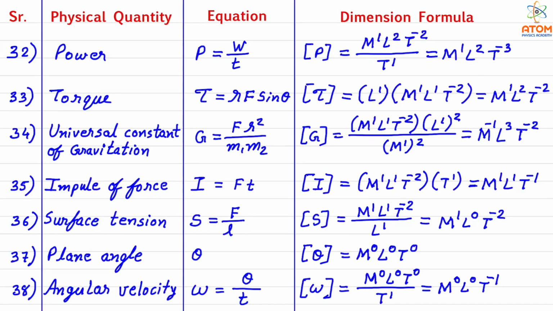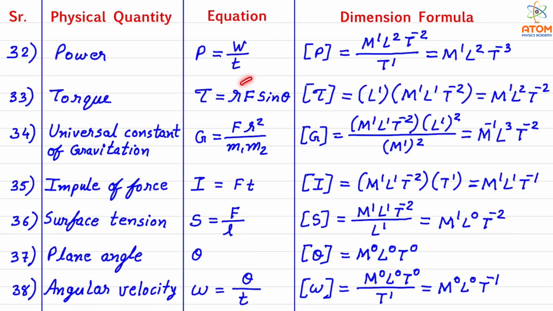Then comes torque. Torque is again a physical quantity of rotational motion, and the equation is torque tau. This symbol is denoted as tau. So torque tau is equal to R F sin theta, where R is radius, F is force, and sin theta is the trigonometrical function you know already.